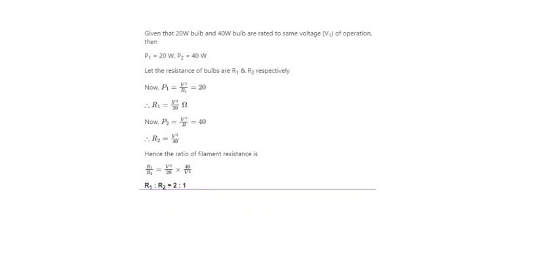When a bulb is rated for voltage, the power consumed is V square by R. When a bulb is rated for current, the power consumed is I square R. For parallel connection, it is V square by R. The answer will be 2:1.